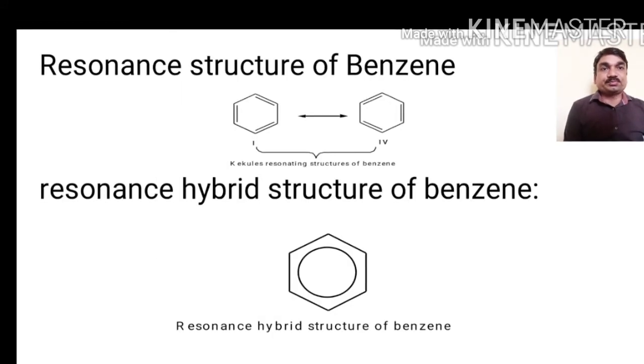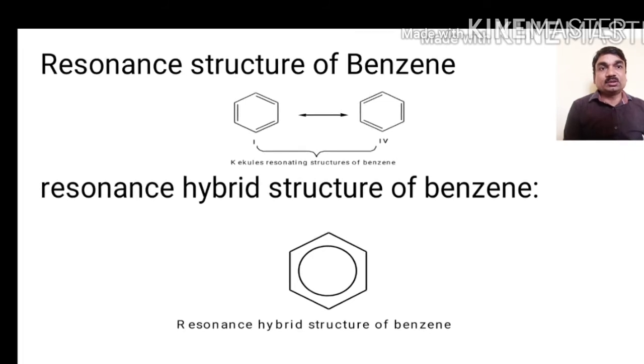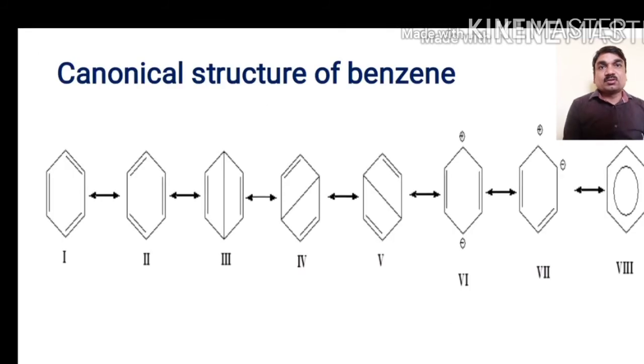Resonance structures of benzene. To show that benzene is a resonance hybrid, chemists usually represent benzene with a circle in the center instead of drawing the individual double bonds. This hexagon with a circle inside indicates the delocalization of the six pi electrons within the molecule. So this is the resonance hybrid structure of benzene.